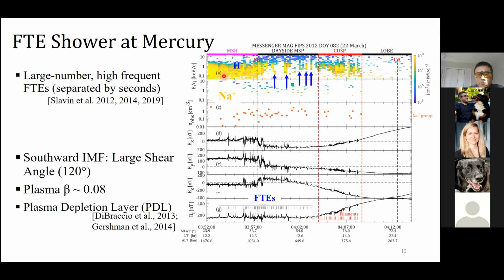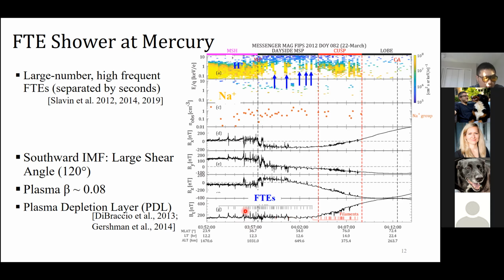In each panel, the first panel shows the proton measurements, the second shows the sodium ion spectrum, and the third is the observed density of sodium ions. And this is the BX measurement, the BY and BZ, and the magnetic field intensity.